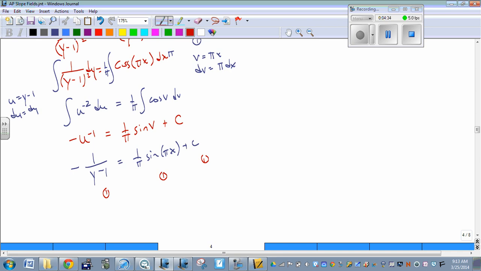The next step is to figure out what c is. Remember, this is going through the point 1, 0. So we have to substitute that in order to figure out what c is. Putting 0 in for y and 1 in for x.